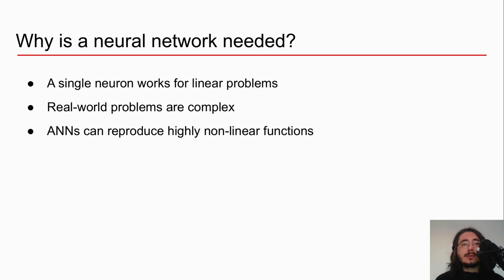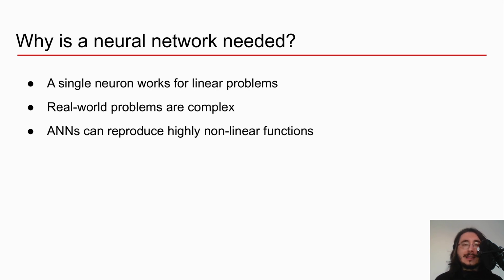It turns out that if you want to work on quite complex problems, you want to scale up to networks of neurons, or neural networks, because a single neuron is really good if you are dealing with linear problems.